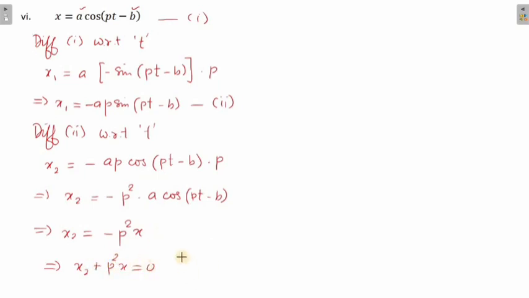This is the required differential equation. And remember, since you are differentiating with respect to t, x1 is dx by dt and x2 is d square x by dt square. You need to keep this in mind.